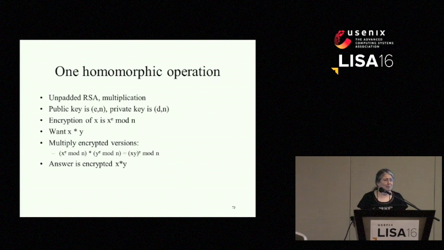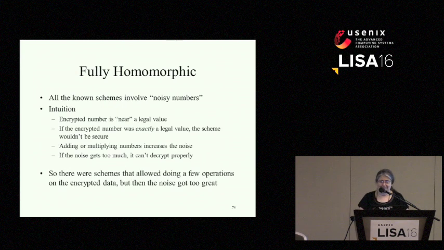If you do RSA without padding, and the public key is an exponent e and a modulus n, and the private key is the inverse exponent d modulus n, then encryption of x is x to the e mod n. And if you want x times y, you take the encrypted version, which is x to the e times y to the e, and it's actually (x times y) to the e mod n, which is really cool, but that's only one operation.